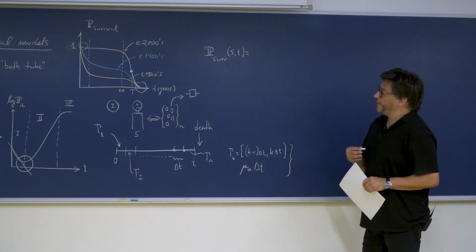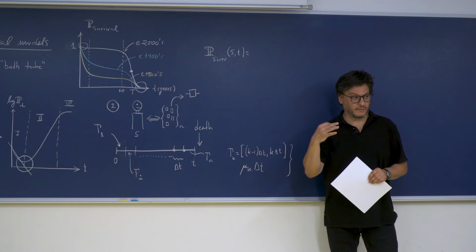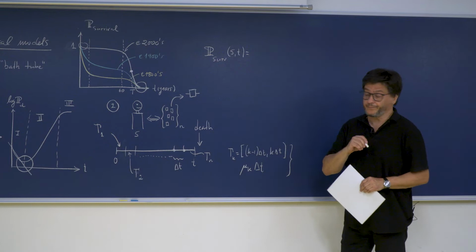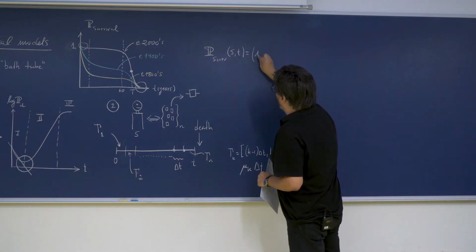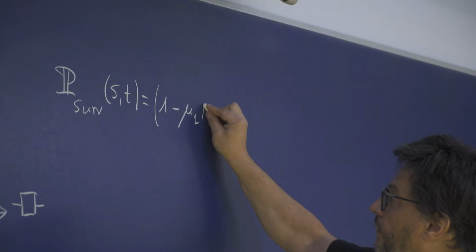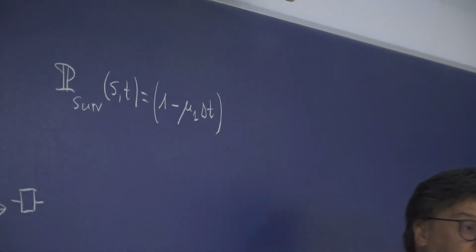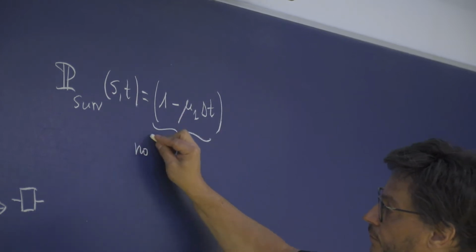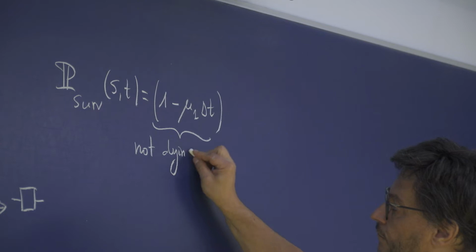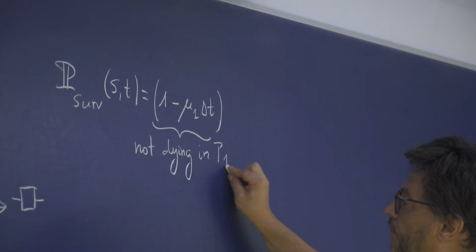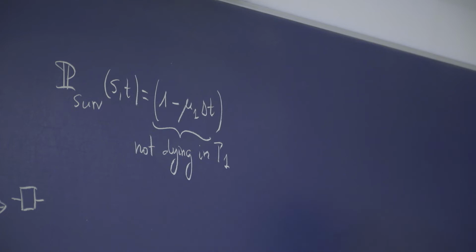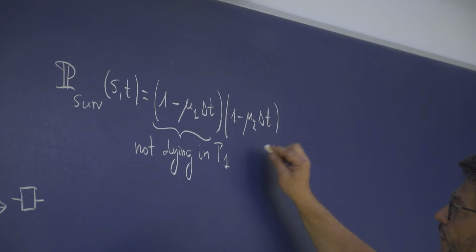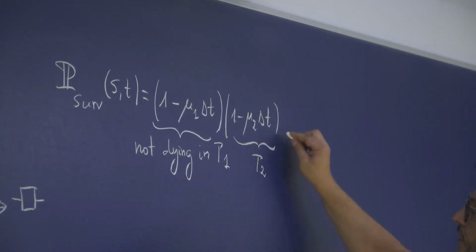So in order to die exactly after t time steps, using this kind of formalism, what I want to do is the following. I want to ensure that I don't die in the first interval, and I don't die in the second interval, that would be for gamma 2, and so on and so forth.